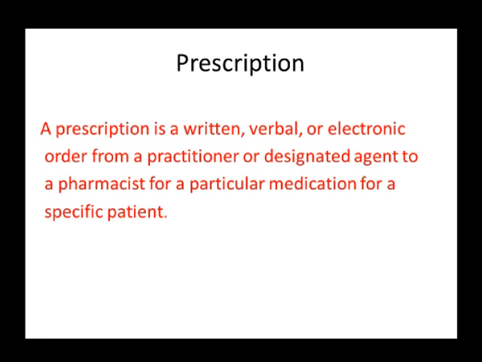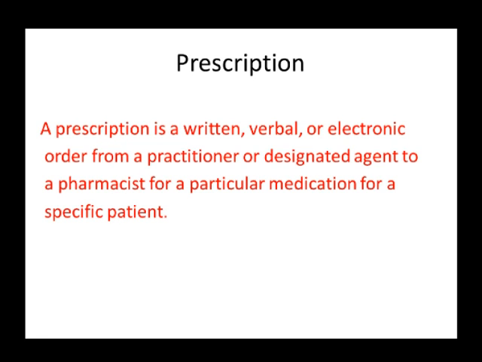This order is usually for the drugs to be dispensed. Now remember, this order which is given to the pharmacist is usually for a specific patient for a particular medication. It's individual based.